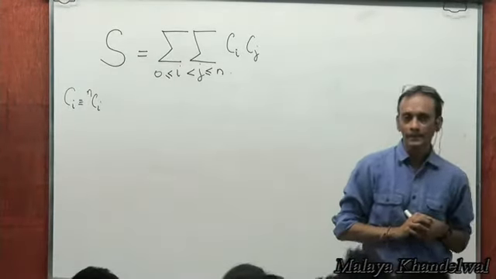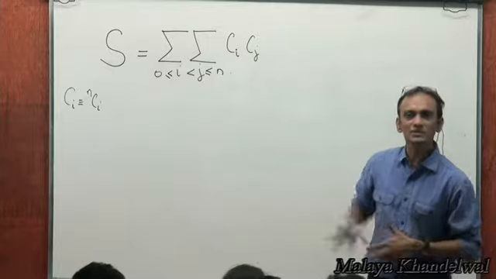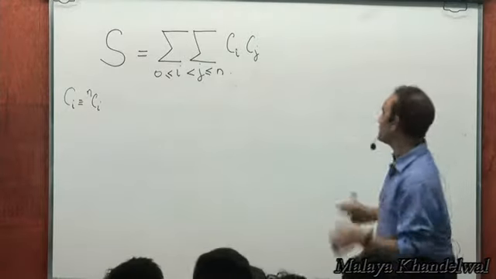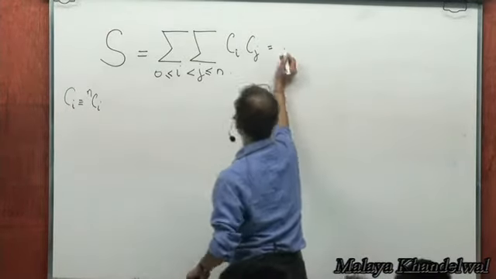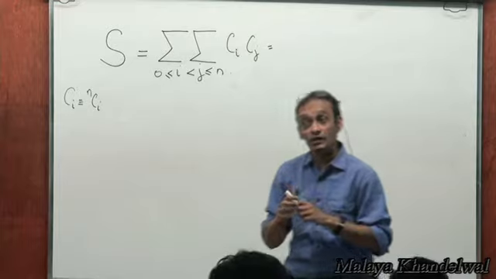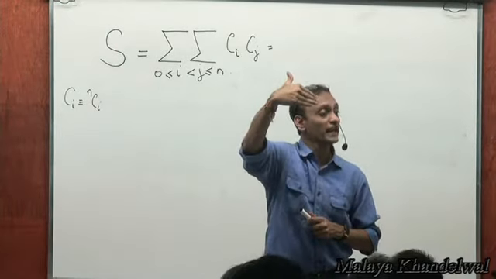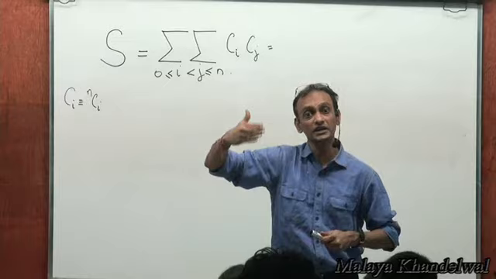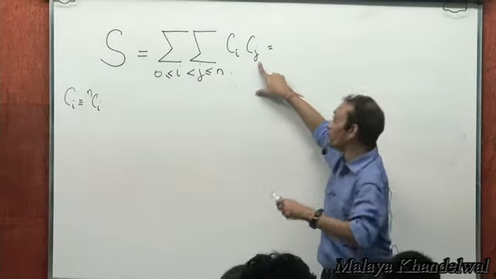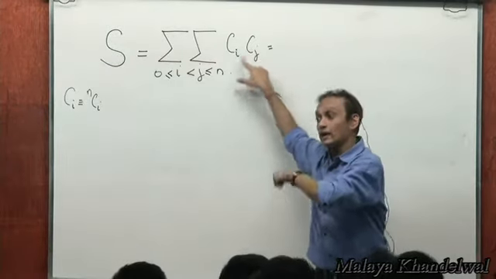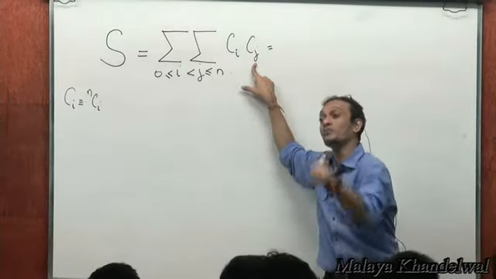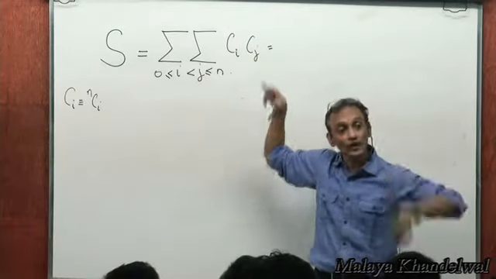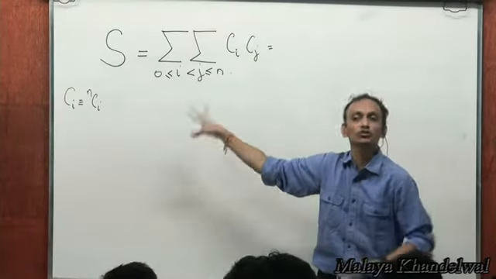Let me seek to deal with S then. In this, again, I'll have n rows. The first row is dedicated to i equal to 0, j going from 1 to n. The second row is dedicated to i equal to 1 and j going from 2 to n. Then i equal to 2, j running from 3 to n. i equal to n minus 1, j having a unique value n.